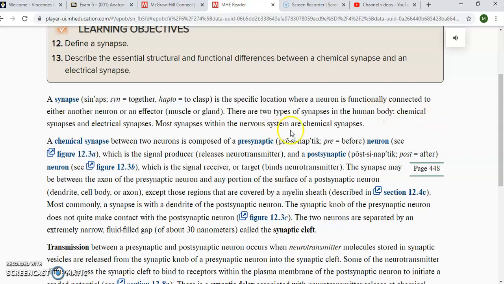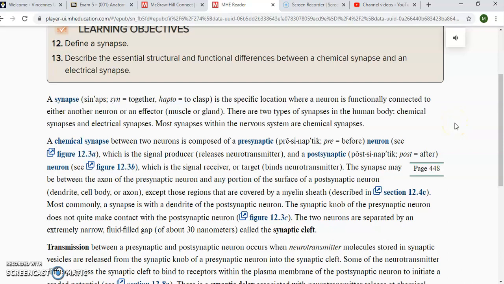Generally one of the cells is a neuron, and the other cell could be another neuron, or a muscle cell, or a gland cell. If it's a neuron and a muscle cell, remember we call that synapse a neuromuscular junction. It has a special name, but it's still a synapse. So that's the definition of a synapse.